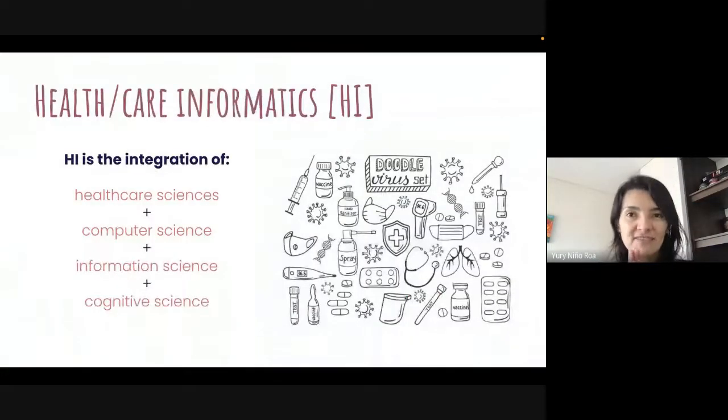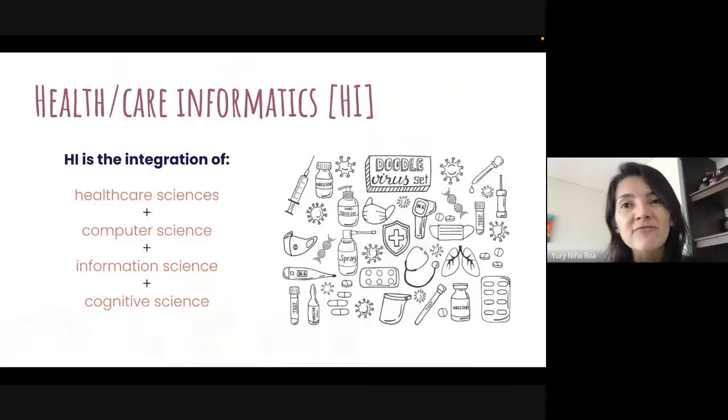So the first thing is to clarify the difference between health informatics and healthcare informatics, two concepts that I am going to use in this presentation as a similar thing. Both fields share several characteristics in common since they focus on healthcare technology and data.